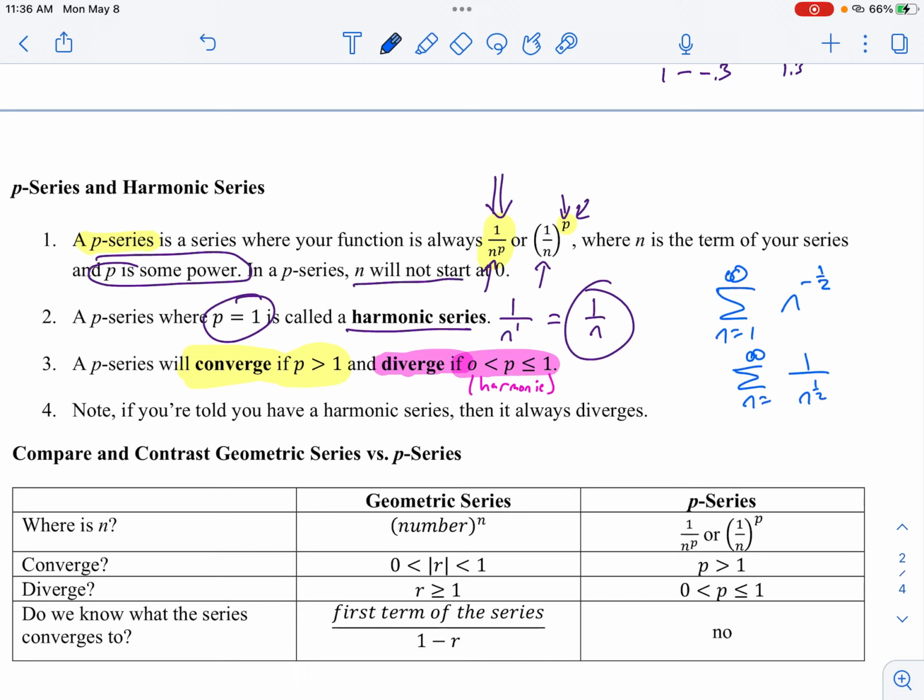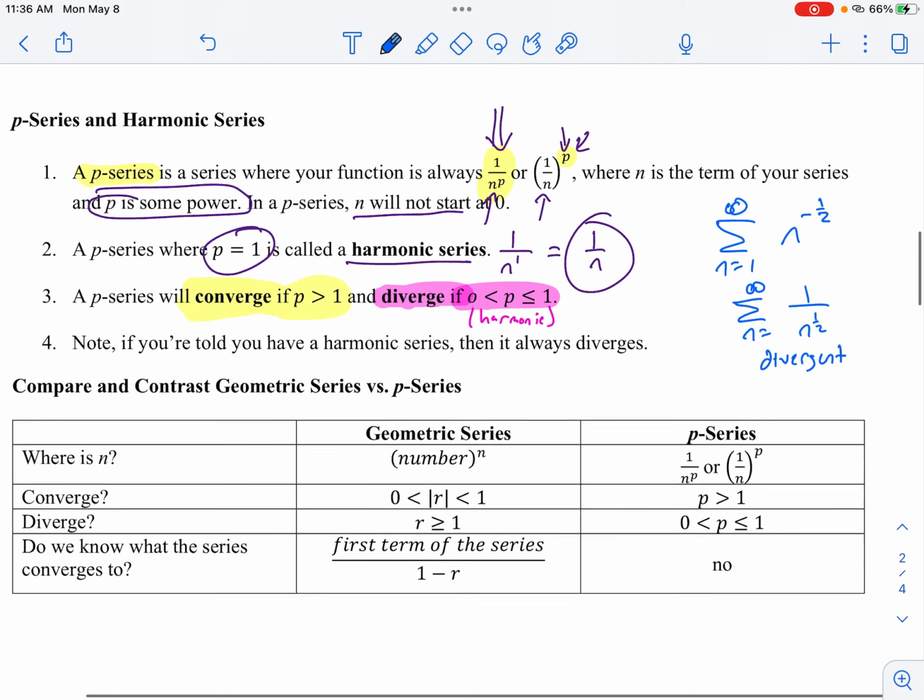So we see 1 over n to the 1/2. Now we recognize it's a p series, with n on the bottom, and our power is 1/2. If our power is between 0 and 1, it diverges. So this is a divergent p series.